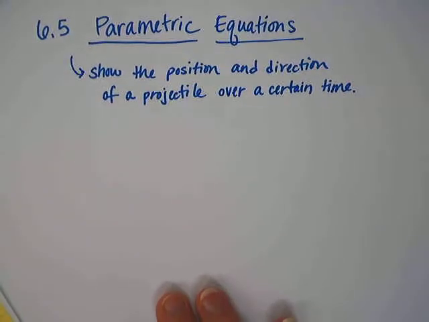So that's what a parametric equation is for. The purpose of it is to show the position and direction of a projectile or something that's in motion. It doesn't have to be a projectile, but something in motion over a certain amount of time.